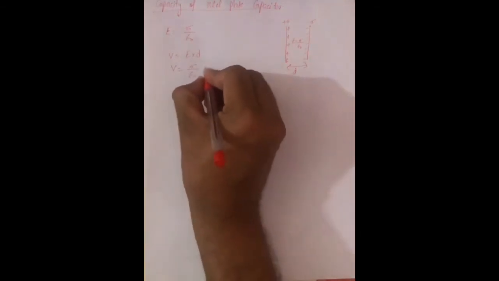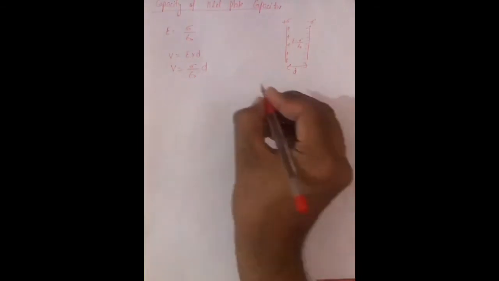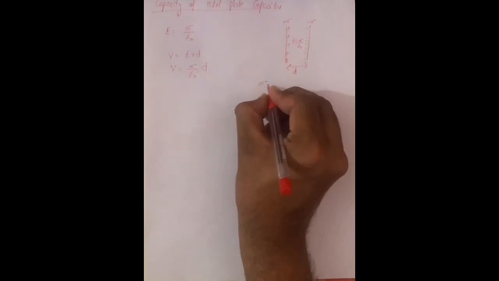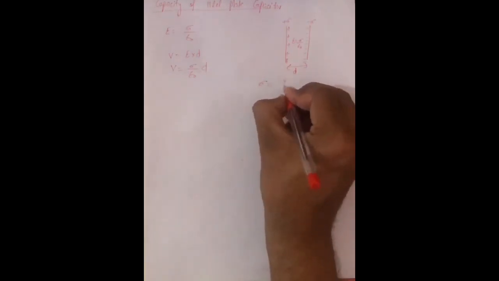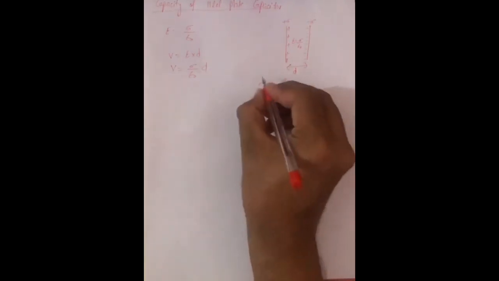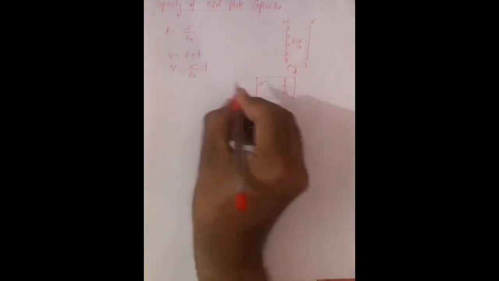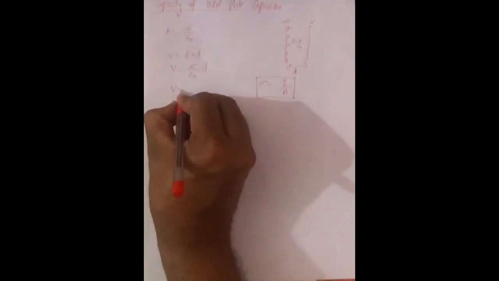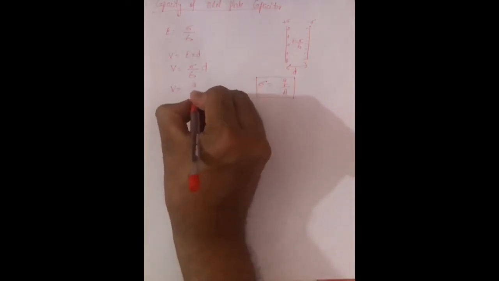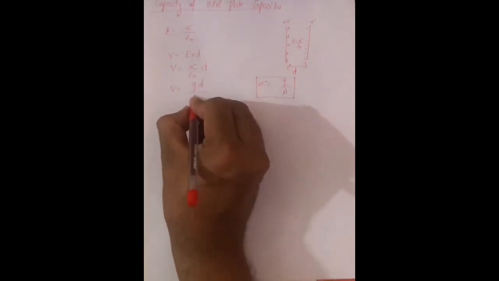Using this expression, we get potential is equal to sigma D by epsilon naught. Now what is sigma? Sigma is surface charge density, and this is equal to charge per unit area. Now we can use this expression to rewrite potential as QD by epsilon naught A. So this is your potential.